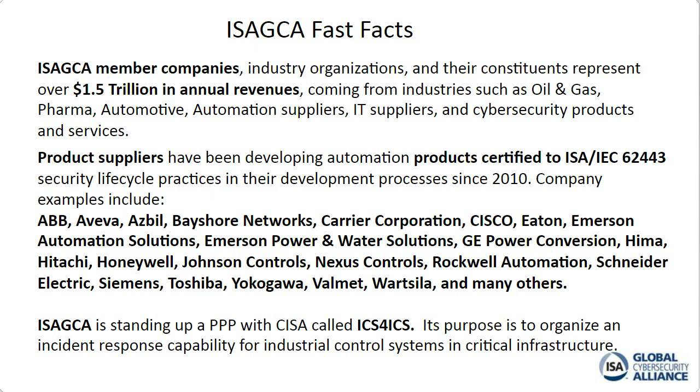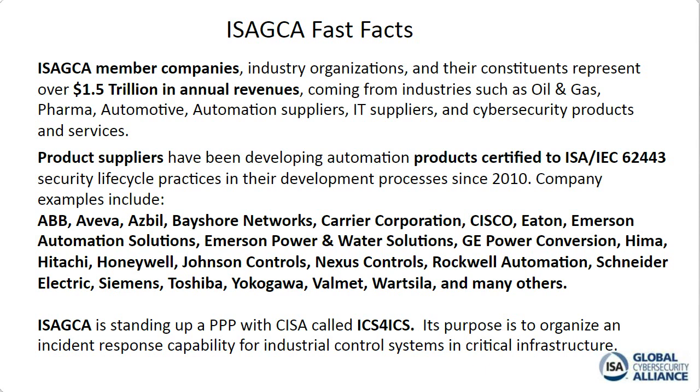Another fast fact is that product suppliers, most of the ones that you see on our list, have been developing product and getting them certified to the 62443 standards. They've been doing this since 2010. Many of them have gotten their product certified under our ISASecure certification scheme, and there are other credible certification bodies that are also doing this type of certification.